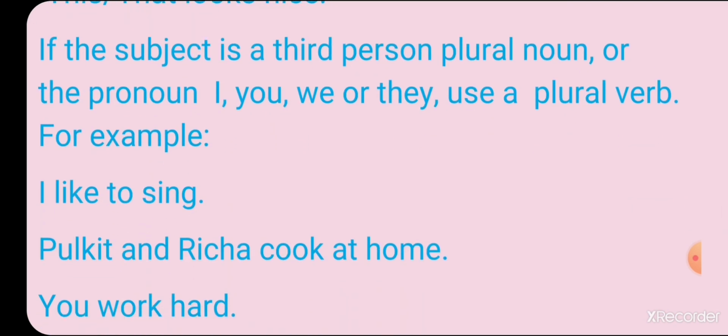Now students, next one, if the subject is a third person plural noun or the pronoun I, you, we or they, then use a plural verb.